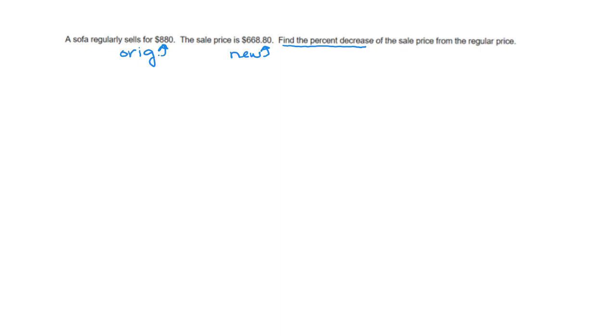And so when we're talking about percent decrease, we went over that in one of our reviews. We said that the percent decrease or even the percent increase is found the same way.